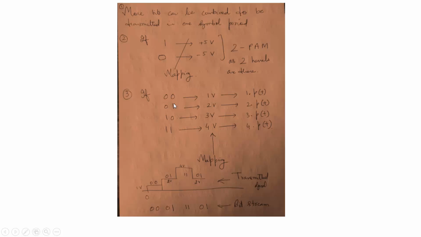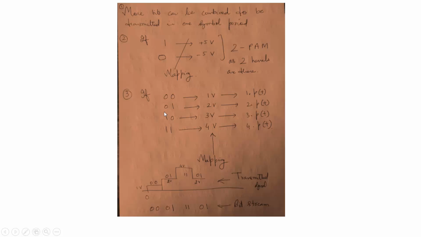Now I am saying that within the symbol period, I am trying to combine two bits rather than one bit. Either I can send 00, 01, 10 or 11. Now I will have to represent each with a certain amplitude. Let's say I represent 00 with 1 volt. So what will be my baseband pulse? 1 times p(t).